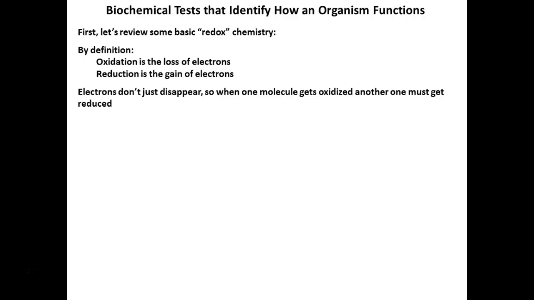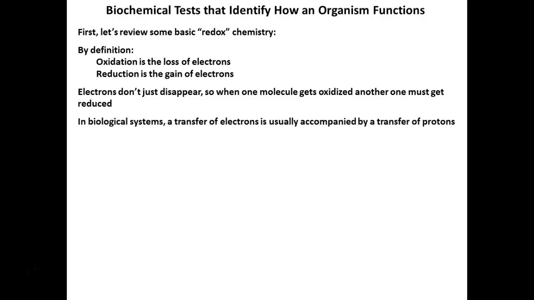They just travel. So if one molecule loses them, is oxidized, somebody else gains them. So oxidation goes with reduction. So you always have what we call redox, reduction and oxidation reactions. So all of these reactions that we talk about involve the movement of electrons.